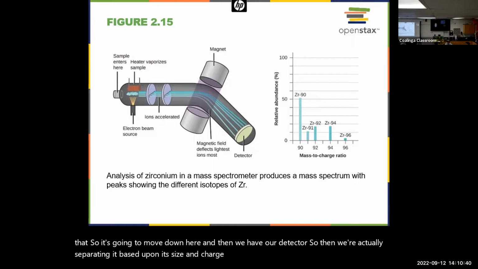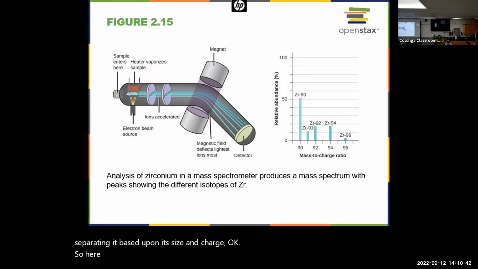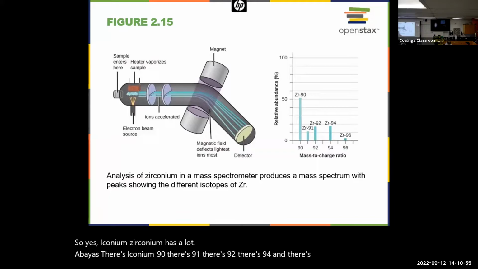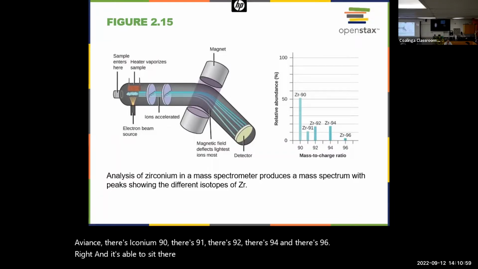So here we have zirconium. Zirconium has a lot of ions. There's zirconium 90, there's 91, 92, 94, and 96. And it's able to figure out how much abundance each one of those isotopes has.